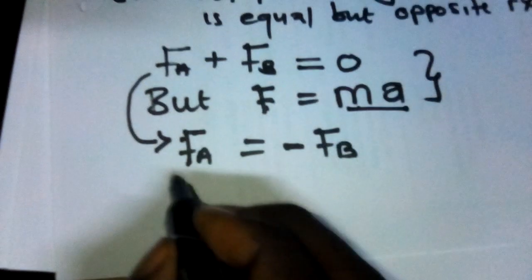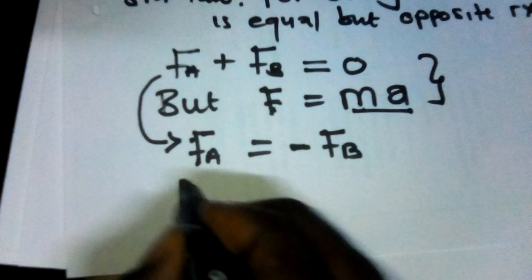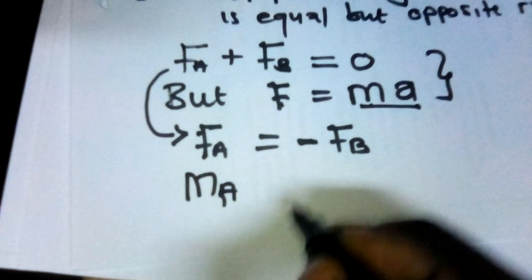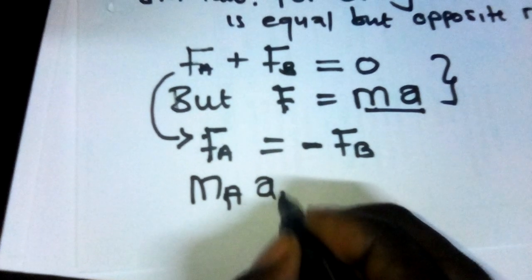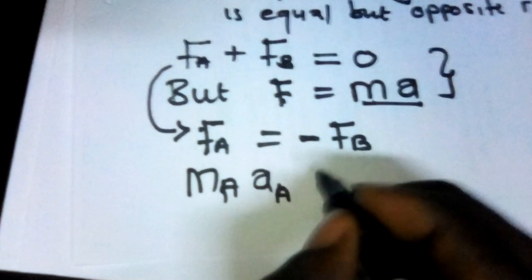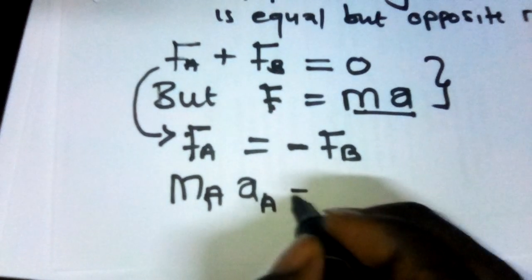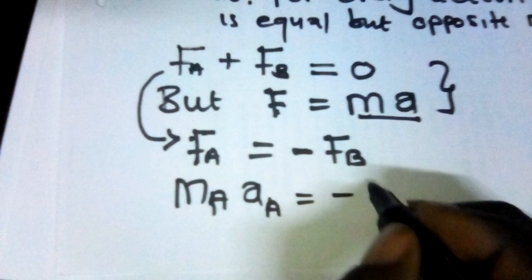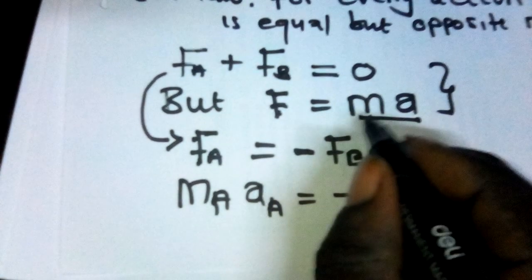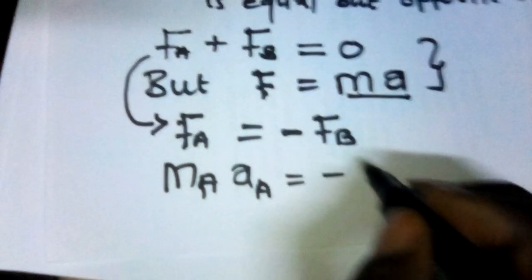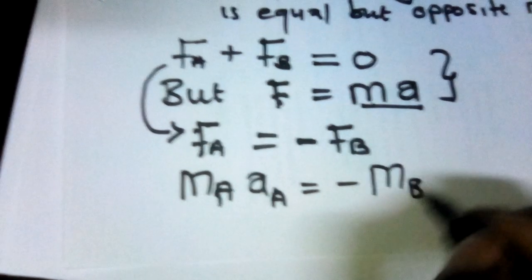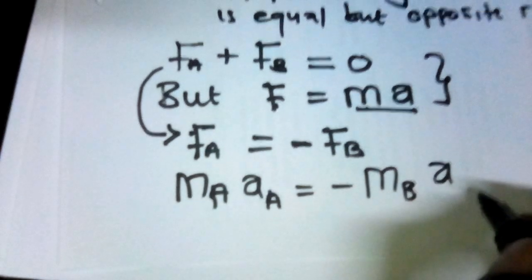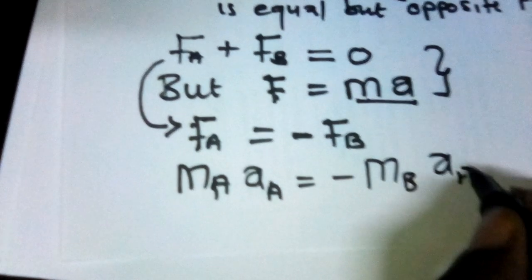This implies that we are going to have the mass of body A times the acceleration of body A equal to the negative, substituting force again, mass of body B times the acceleration of body B.